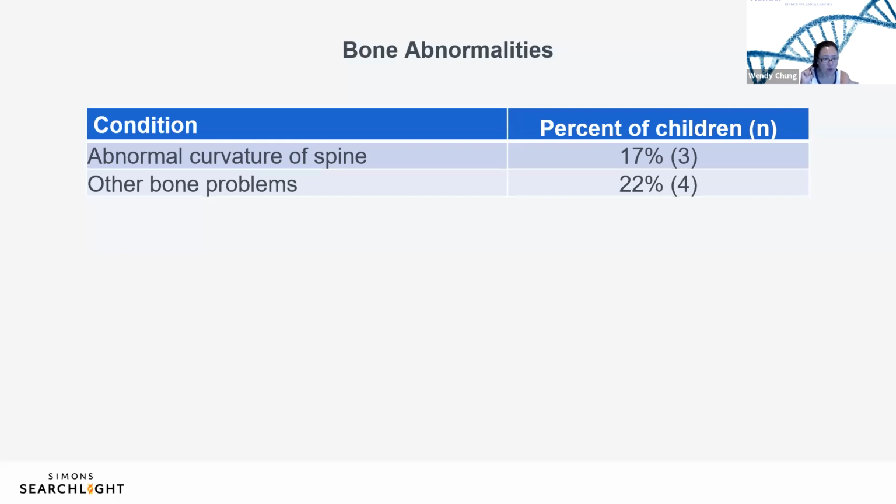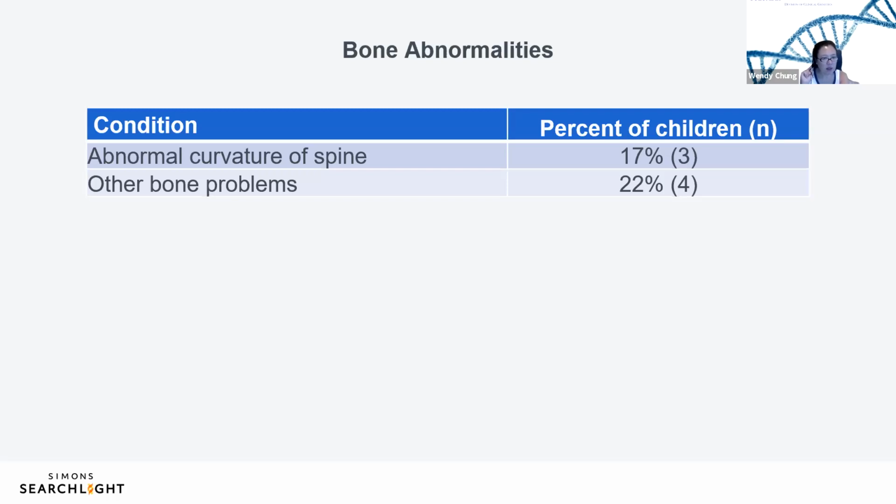One of the things that we should watch out for when the individuals, or mostly girls, get to be adolescents, when they go through their growth spurt, because of the low tone issues, or in some cases high tone issues, we can see scoliosis or curvature of the spine. This is something easy for a pediatrician to monitor just on physical exam, just lifting up the shirt and looking at the back.